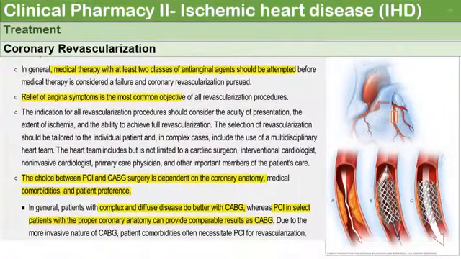The last type of treatment, which is most commonly used nowadays, is coronary revascularization, either by use of the PCI, percutaneous intervention using a catheter with the stent to increase the patency of the occluded or narrowed vessel and enhance the myocardial blood perfusion, myocardial blood flow.